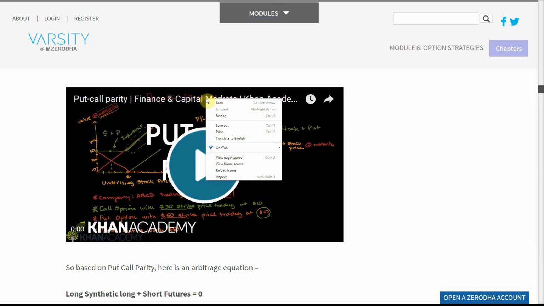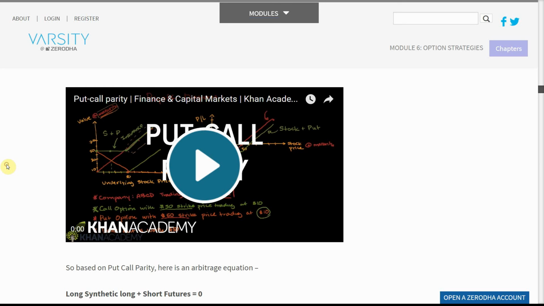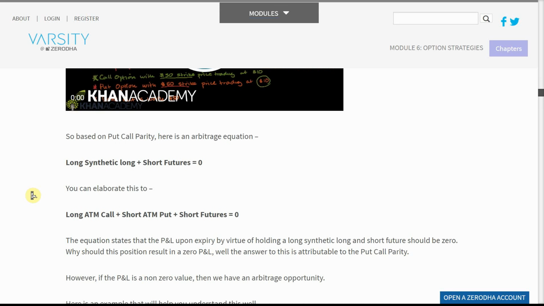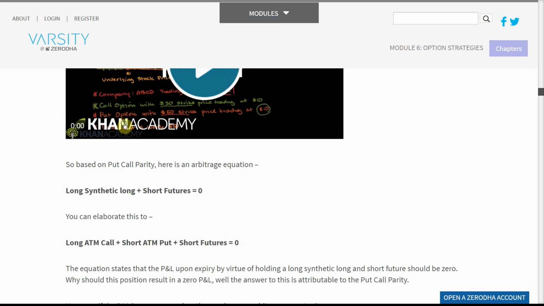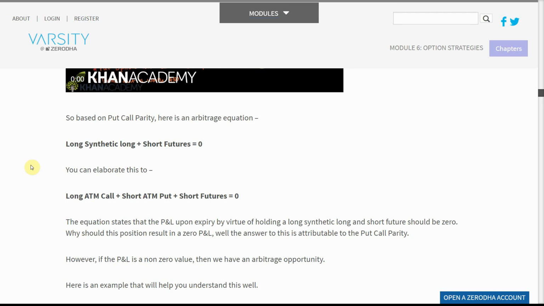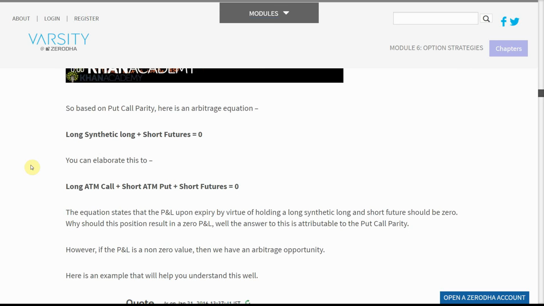You can elaborate this too. Long ATM call plus short ATM put plus short futures equals 0. The equation states that the P&L upon expiry by virtue of holding a long synthetic long and short future should be 0. Why should this position result in a 0 P&L? Well, the answer to this is attributable to the put-call parity.